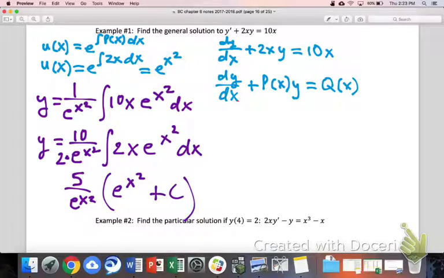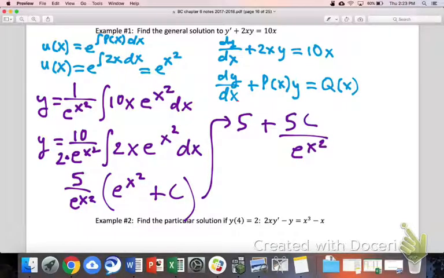Then to finish this out, you would just distribute. You end up with 5 plus 5c over e to the x squared equals y. And of course, 5c could be simplified to be a different c, giving us the same answer as what we had before, though I realize I erased the answer already.